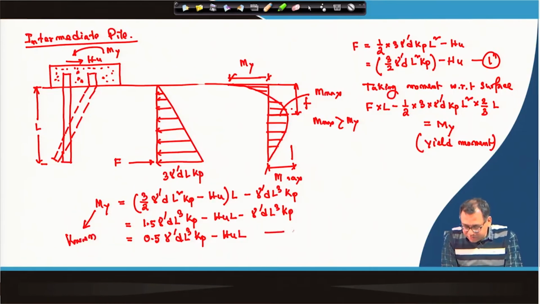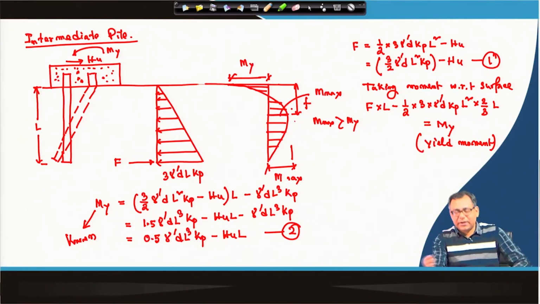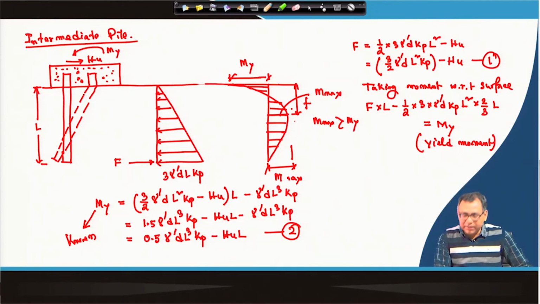So, by this equation 2, I can calculate the value of H u, because M y is known, and all the other factors are known except H u. And if you want, you can calculate the M max at the point F from the top, and then check whether that M max is greater than or less than M y.